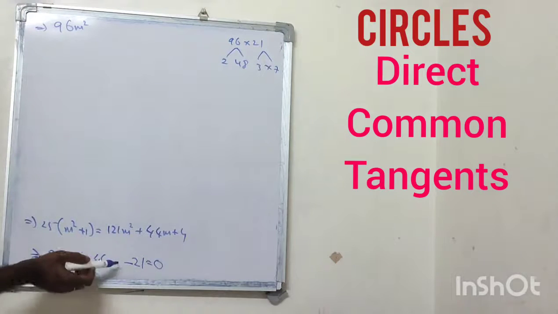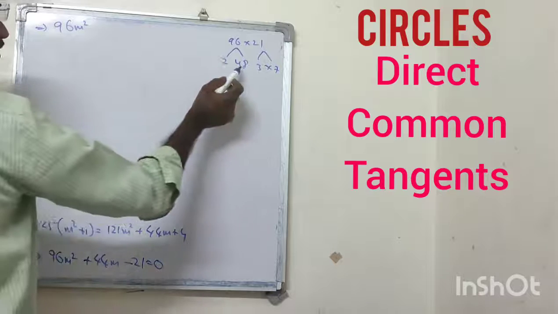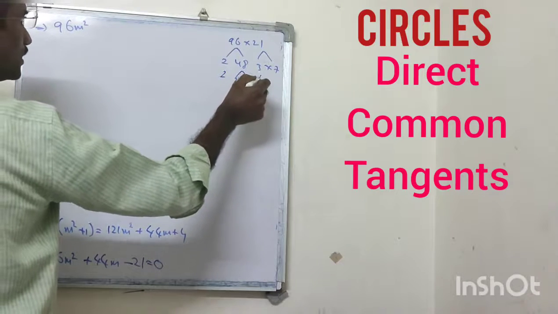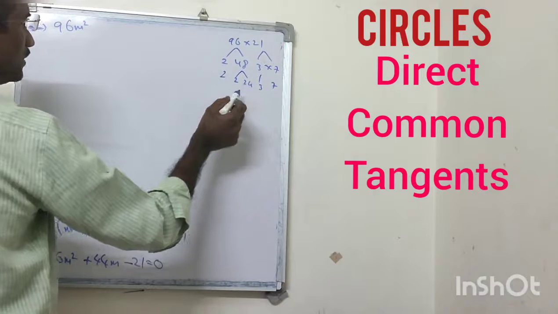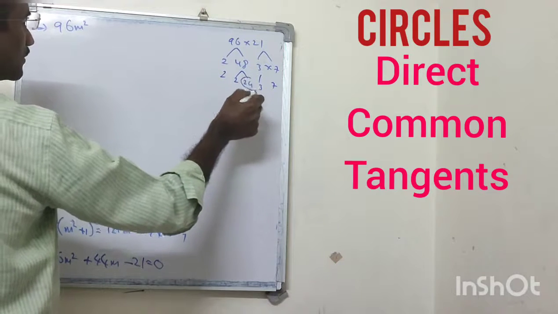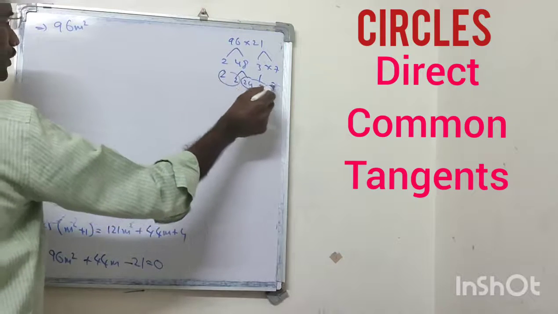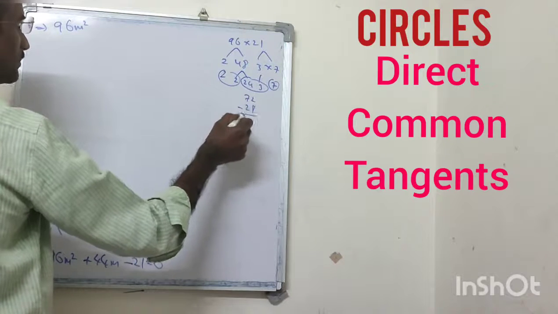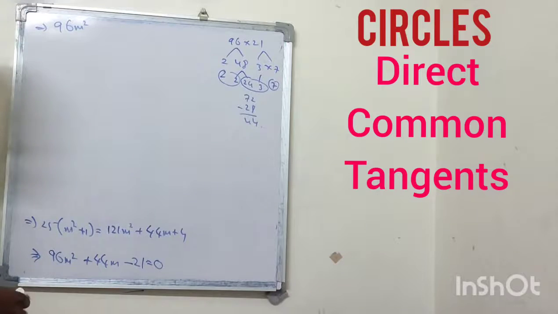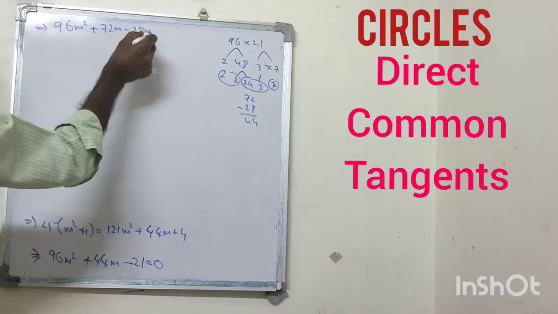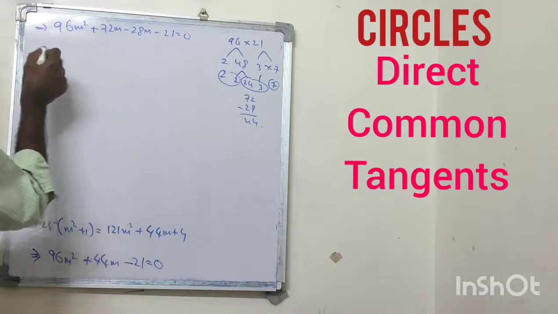Since you have minus, we should subtract to get 44: 2 into 24, 3 into 7. 24 threes are 72, 2 fours are 8, 4 sevens are 28. Subtracting you get 44. This is a trick which you have to practice. So we can write it as 72m minus 28m minus 21 equals 0.